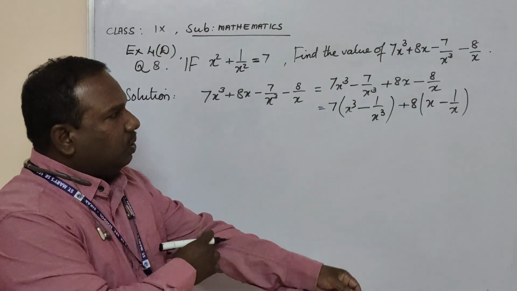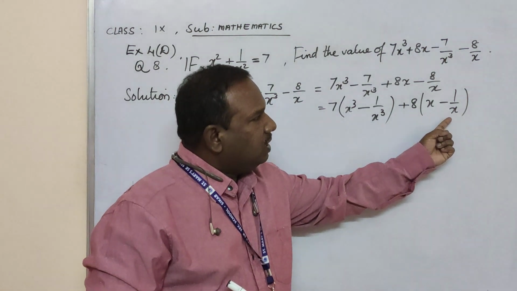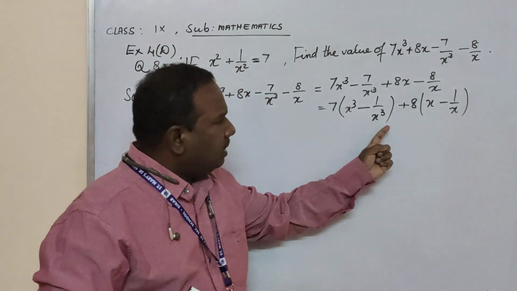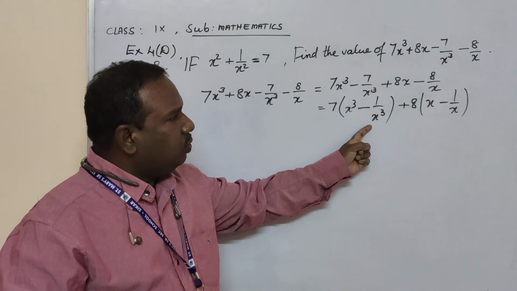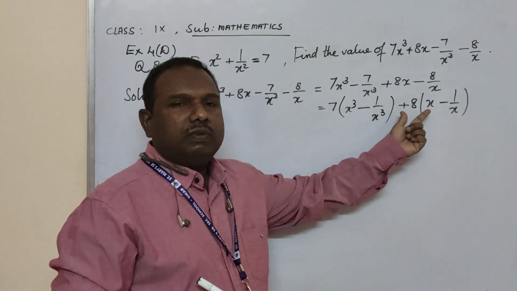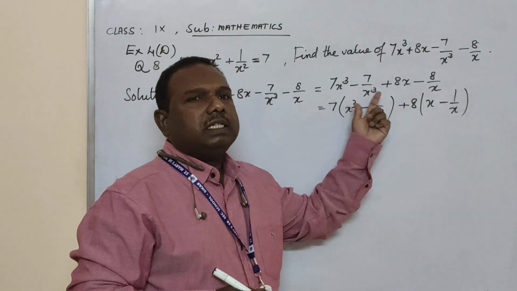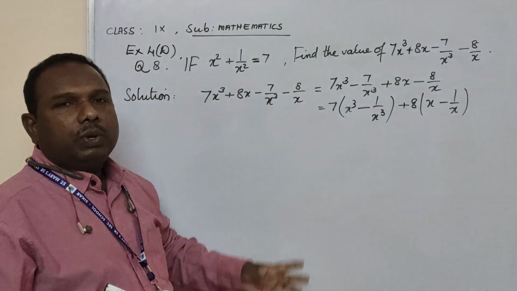If you know the value of x minus 1 by x and x cube minus 1 by x cube, we can substitute the values here and simplify to get the required answer.